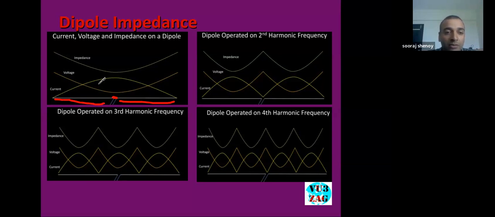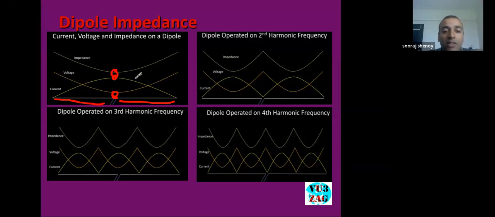So this is how the current, voltage, and impedance curves will appear. This is actually an imaginary curve, just for representation. If you see, the current will be minimum at both the ends and maximum at the center, and the voltage will be minimum at the center, and the impedance also is minimum at the center.